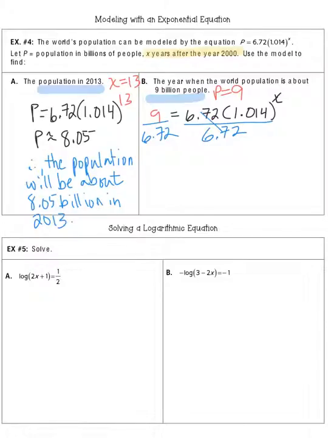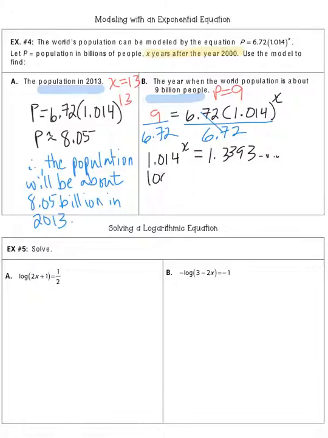So I'm going to flip this equation around so I have my exponent side on the left. So I have 1.014 to the x equals, I'm going to round just on paper, 1.3393. Okay, and it keeps going, right? Okay, so then I want to put this into log form.